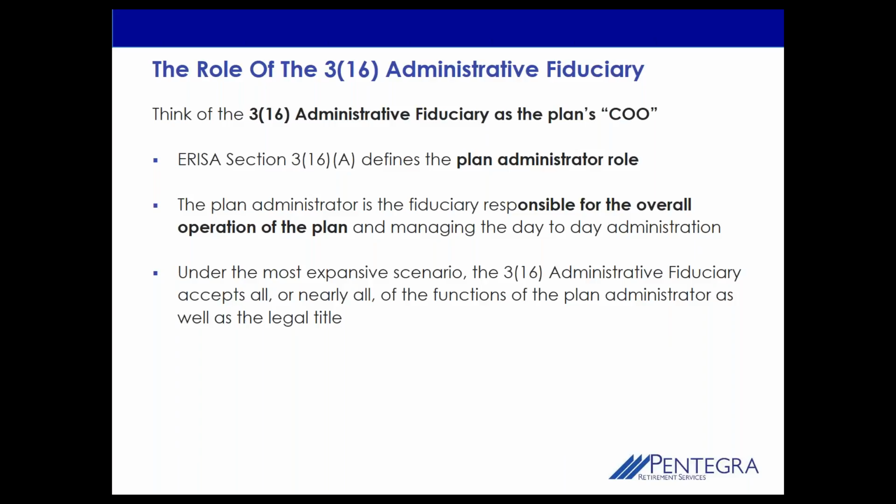It comes down to hiring a law firm or a TPA type firm or a record-keeping firm to do plan document work, right? So there's a whole bunch of duties that fall into this category, and it's almost like anything that's in the plan document. And again, the plan document is the roadmap to administering the plan. Anything in there essentially falls under this 316 administrative fiduciary role.